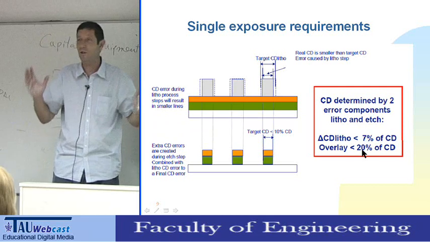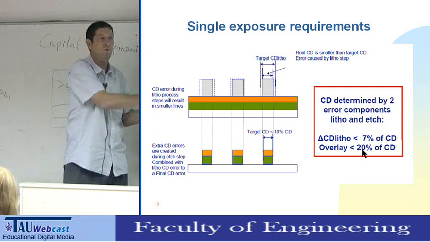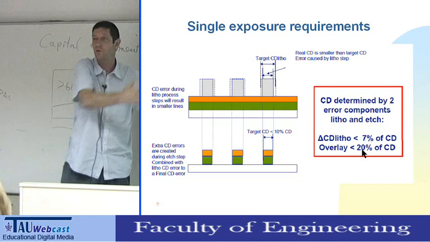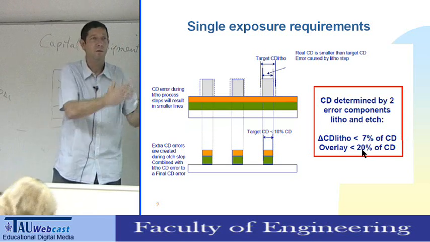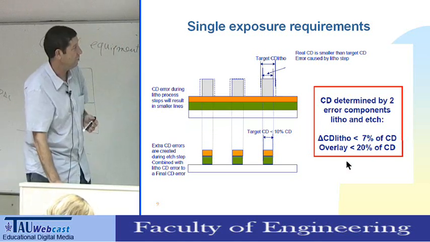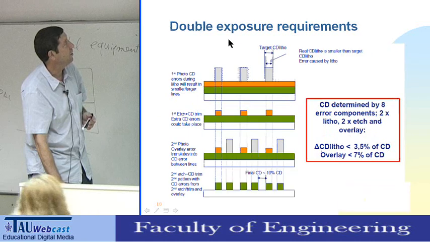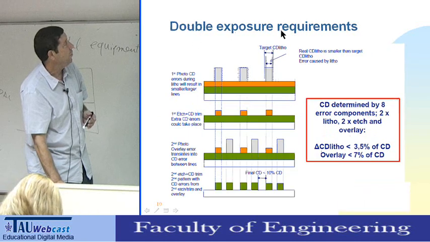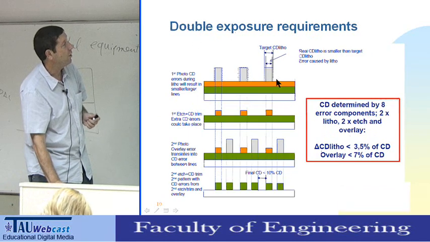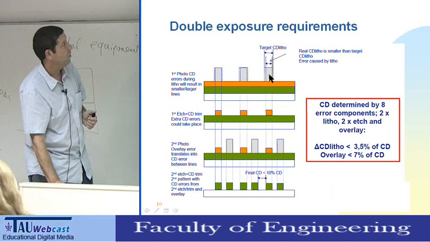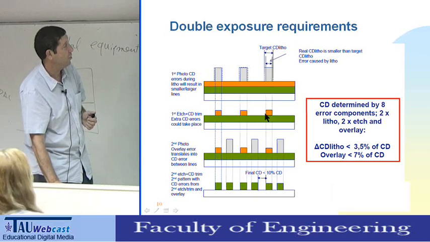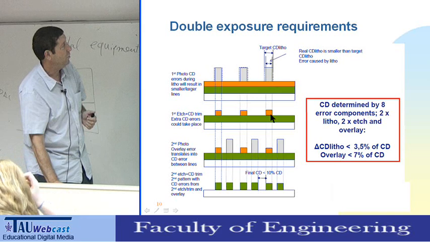These are not magic numbers, just examples to give you typical values. Some processes are found in papers which were published. So this is the single exposure requirements. When you do double exposure, you have more requirements, because now you have twice the exposure. First you define this feature.